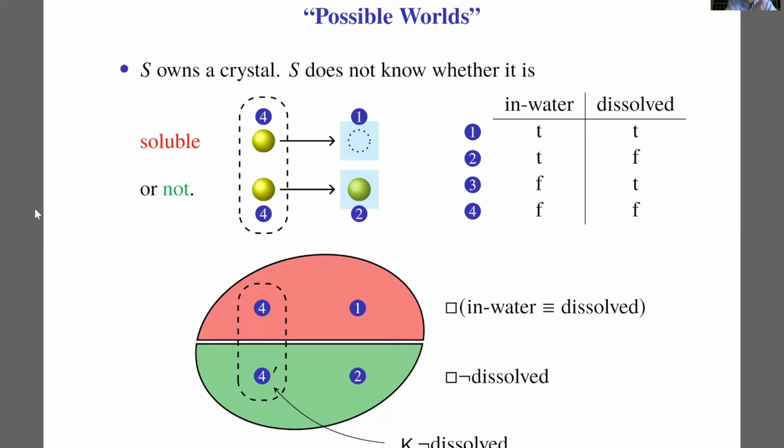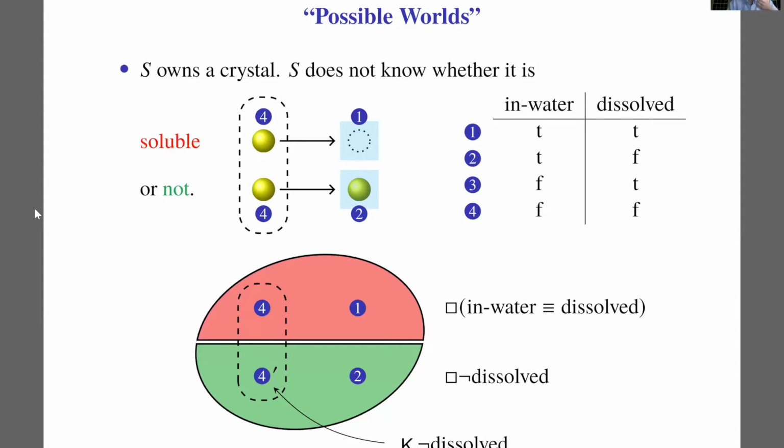The cognizer knows that the crystal is not dissolved, because in both of the worlds within this circle, the sentence "dissolved" is false. But on the other hand, the cognizer doesn't know that this is the case, because she cannot distinguish whether she is in the red world or the green world. Okay.